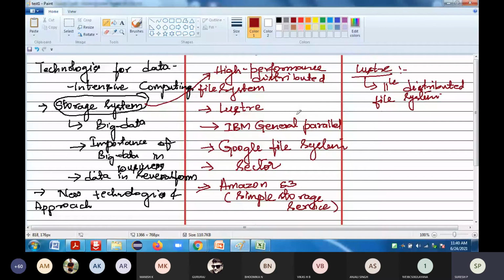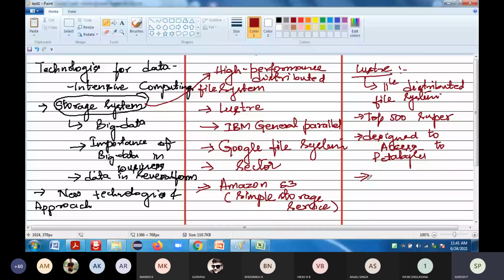This particular Lustre is designed to access 2 petabytes of data from the file system. It contains a metadata server.